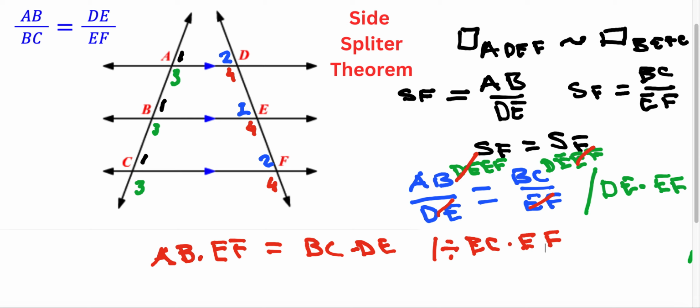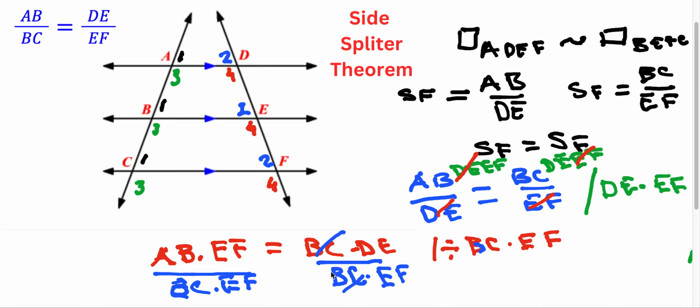Okay, so let me take one pen here because I have difficulties. Here is BC times EF, because this is a BC, and here it is divided by BC times EF.